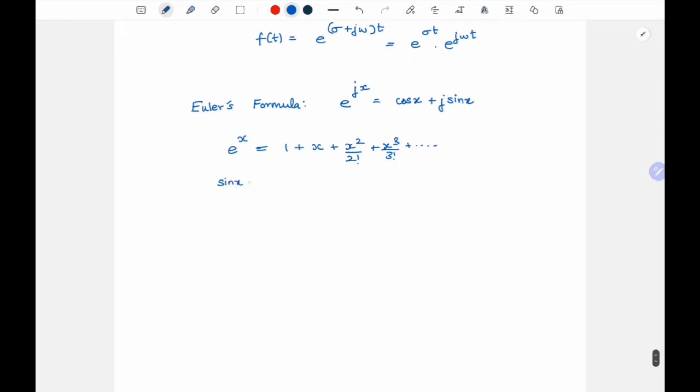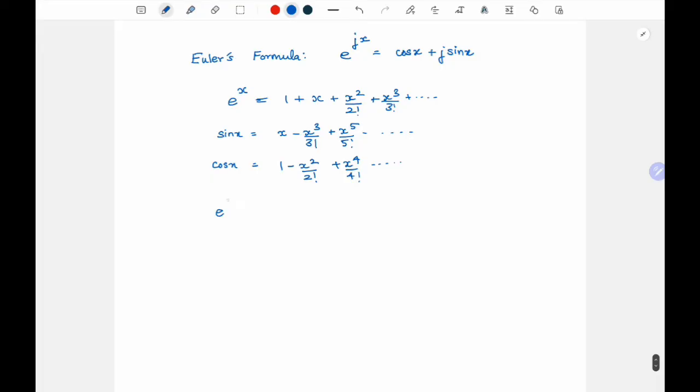Similarly, for sin x, what do you have? You have x minus x cube by 3 factorial plus x power 5 by 5 factorial minus and so on. And cos x, you have 1 minus x square by 2 factorial plus x power 4 by 4 factorial and so on.